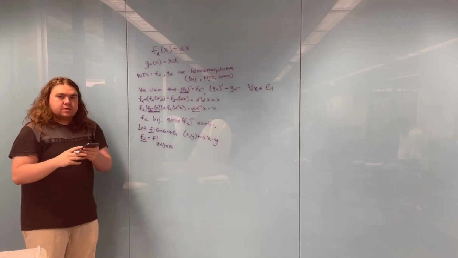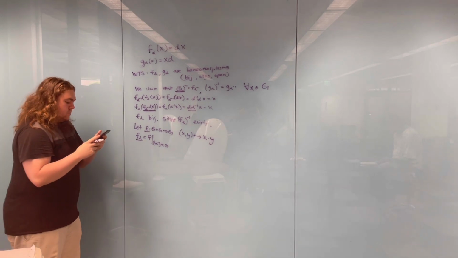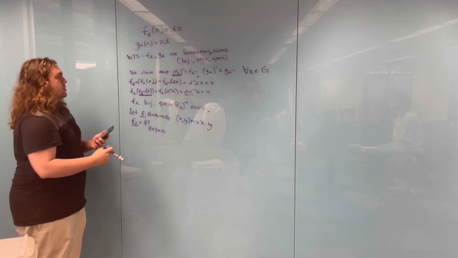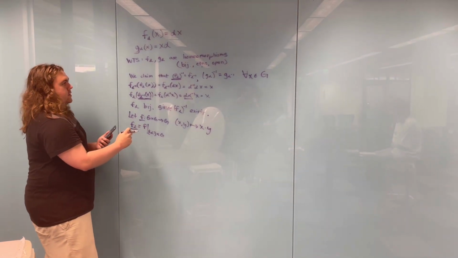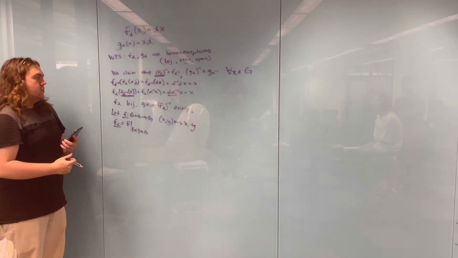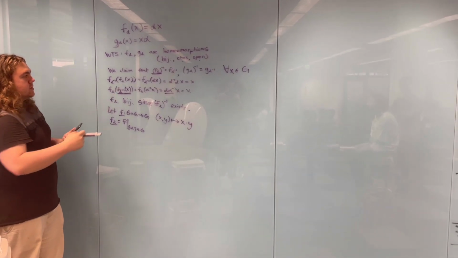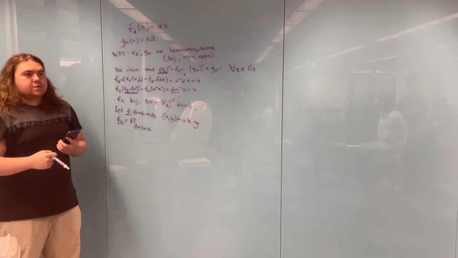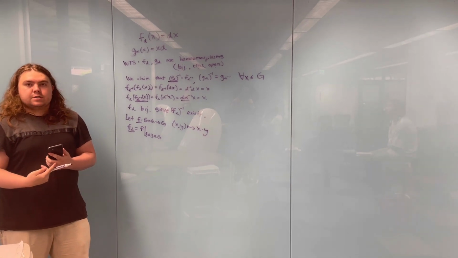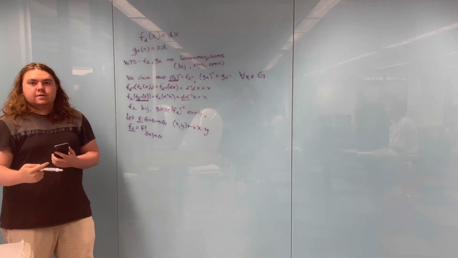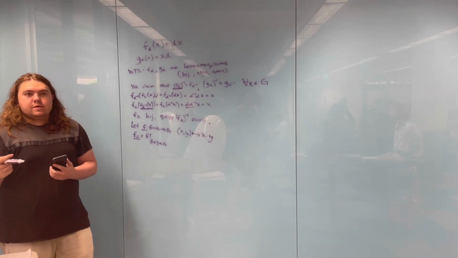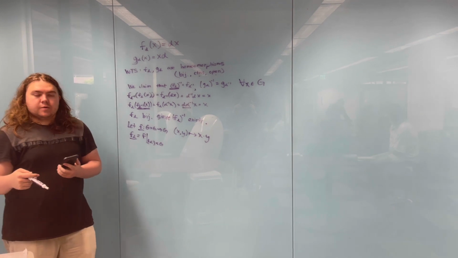So now finally we need to show that they're open. Okay, and we know that both F alpha and G alpha are open as well because we've shown their inverses, and their inverses are continuous as well under the same exact argument we used to show that F alpha and G alpha are continuous, which means that if their inverses are continuous, then the function F alpha and G alpha are open.